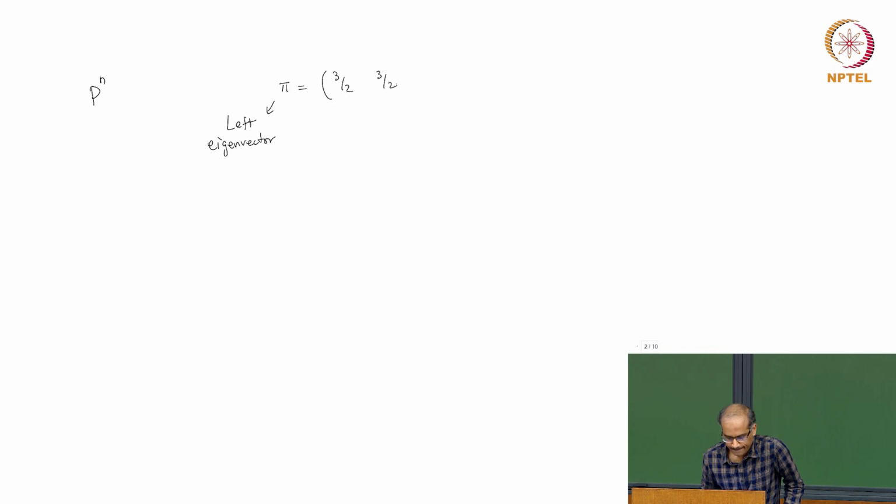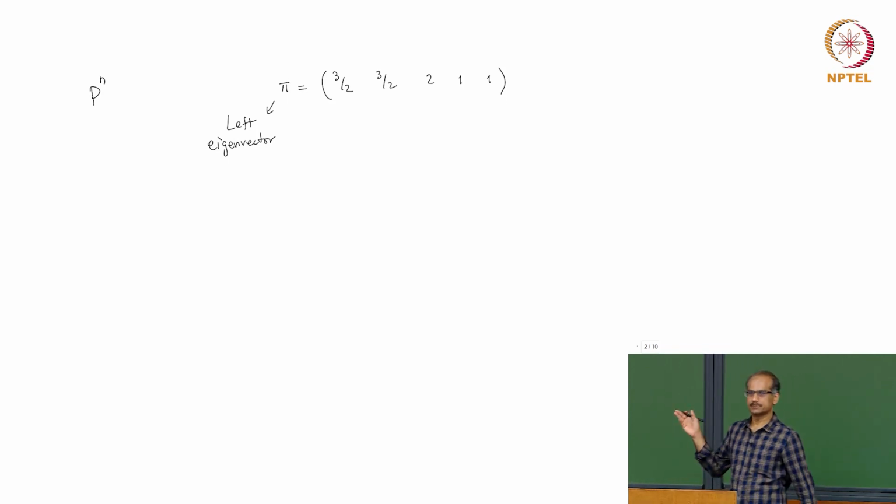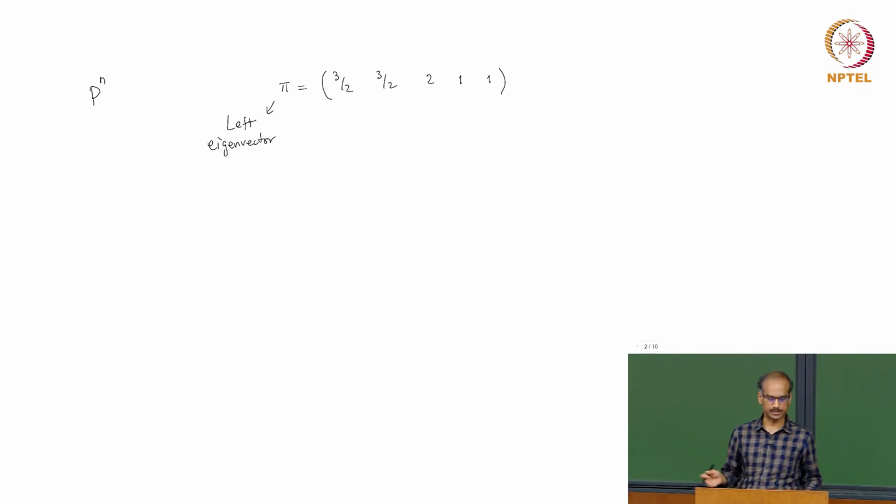So the left eigenvector, which I'll denote by pi, is 3 by 2, 1. Now you can normalize this such that the elements sum to 1.